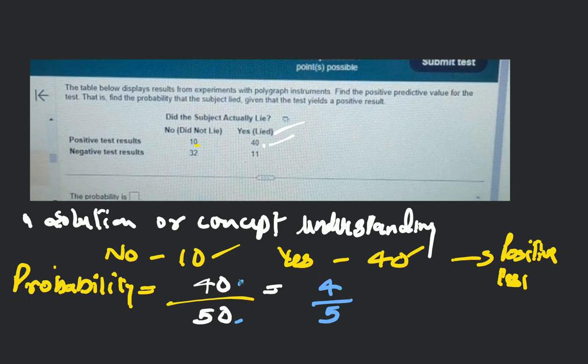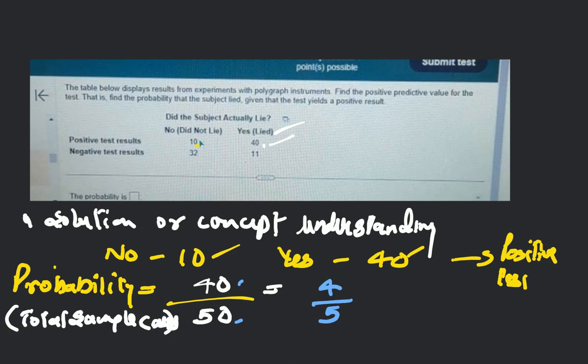Have you understood why we have written 40 in the numerator and 50 in the denominator? Because you add 40 and 10 and you get 50. Yes, 50 is the total possible sample space. Sample space means the total cases that we are taking.